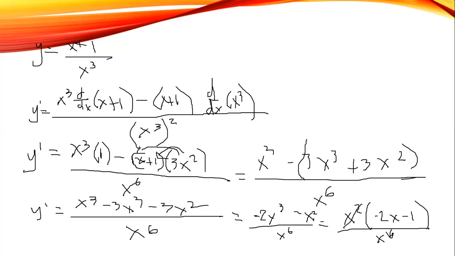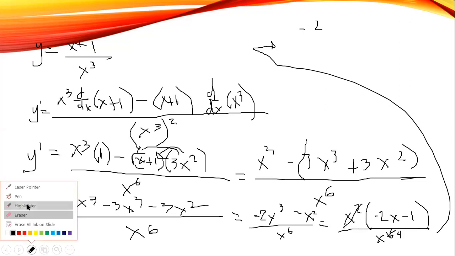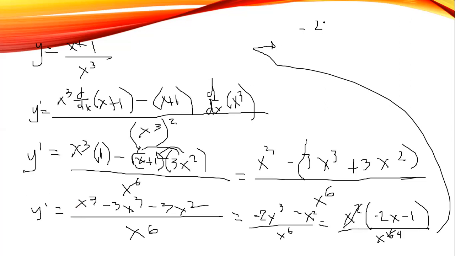So, this cancels and this is reduced by two, becoming 4. So, now, the derivative is equal to negative 2x minus 1 divided by x raised to the 4th power. So, that is the derivative of our function.